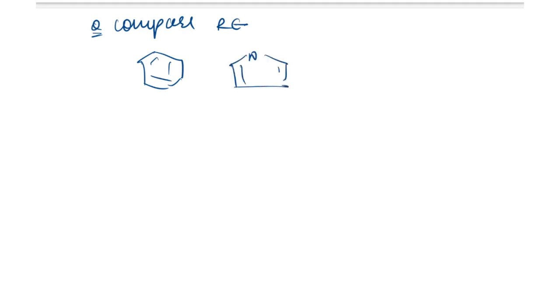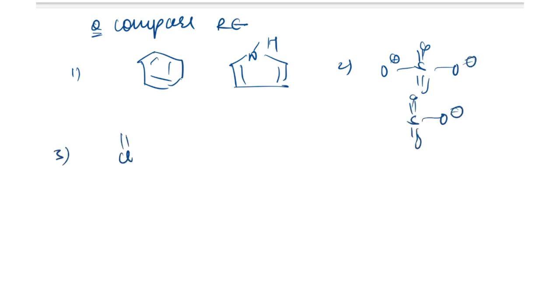Like if we talk about some questions, compare resonance energy. So first of all we have benzene and we have pyrrole. Second we have O S double bond O double bond O negative, S double bond O negative. Third we have Cl double bond O double bond O double bond O negative, Cl double bond O double bond O negative.